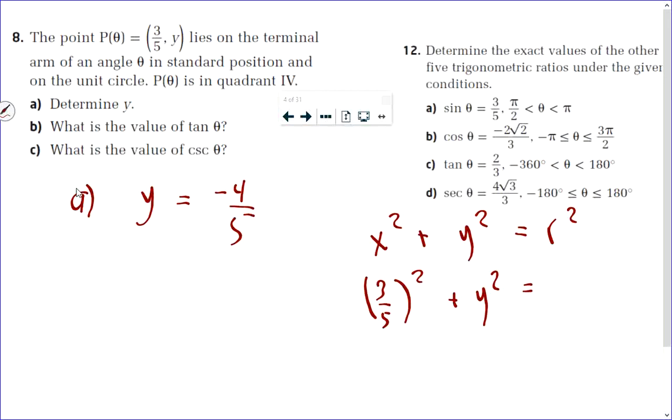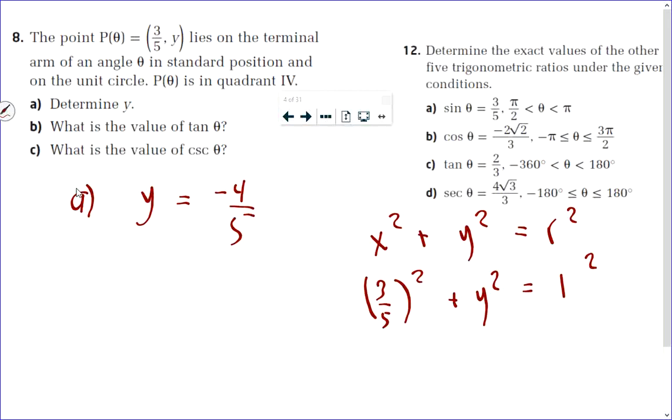It's on the unit circle, so 1 squared, then you end up with 1 minus 9/25, which is 16/25. You take the square root, but you get plus or minus for y. Since it's in quadrant 4, which is the same conversation we just had with the other question, we know y is negative.